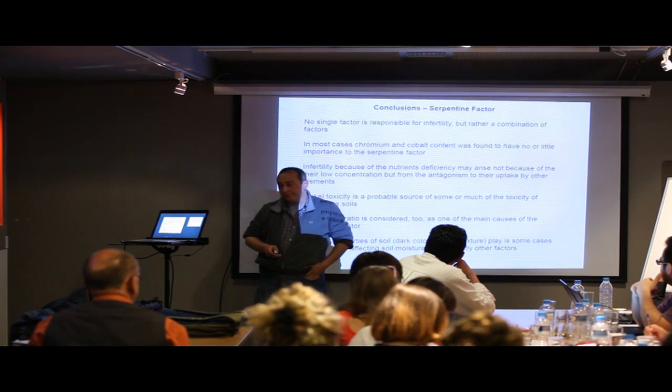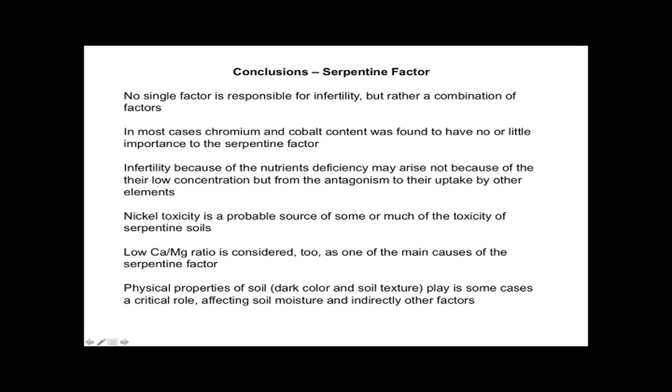So, conclusively, we can say about the serpentine factor that there is no single factor that is responsible for this infertility in this soil and for the special flora and vegetation in these soils. However, in most cases and in most studies, chromium and cobalt content was found to have little or no effect to the plants in the serpentine areas.